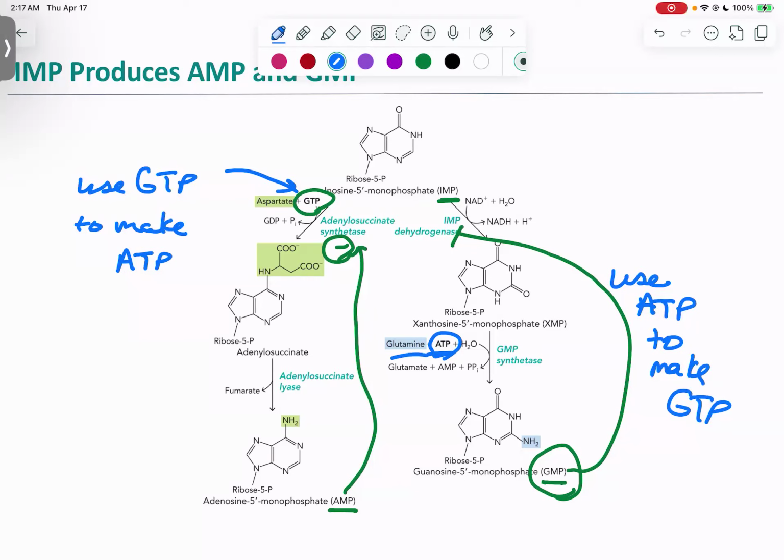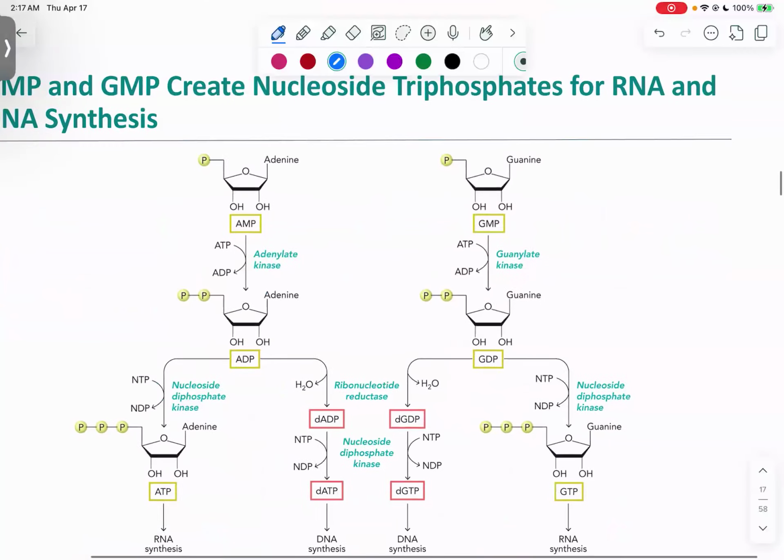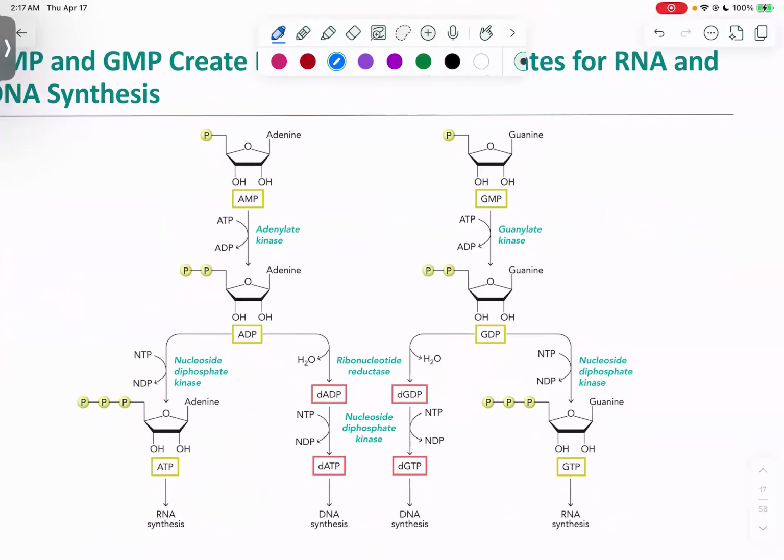Okay, so that's great, but in order for AMP and GMP to be useful in the cell, first we have to convert them to a nucleoside triphosphate. So we have to go through two phosphorylation events. The first phosphorylation event occurs pretty much the same for AMP and GMP.